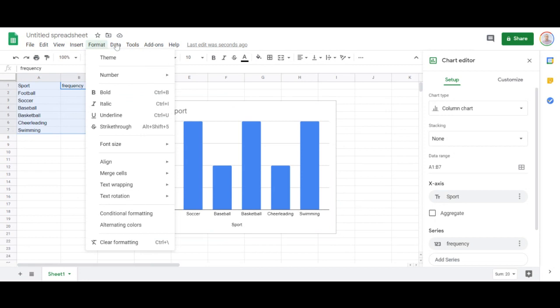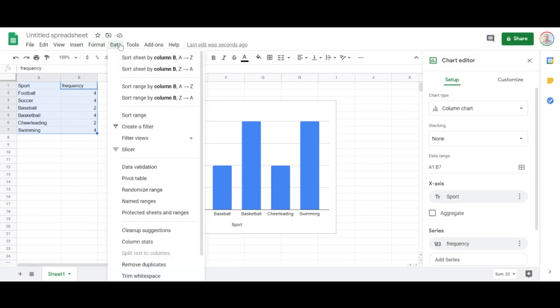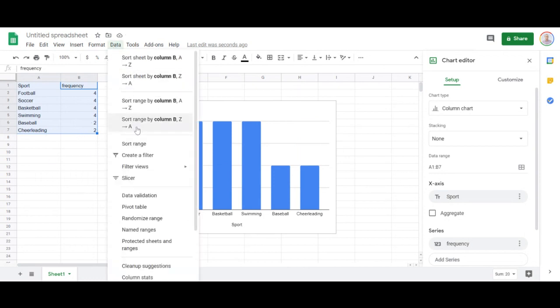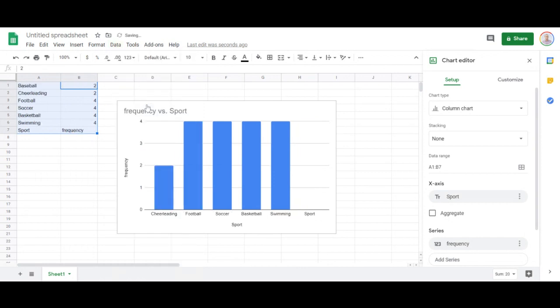So we go to Data, right? And again, we have column B. If you did sheet, I think it would do the same thing, or range, because this is the only stuff in our Google Sheet, so to say. So sheet or range would work. You want to do Z through A, though. Z is like the biggest, A is the smallest. If you did choose the wrong one, it would just go the other way.